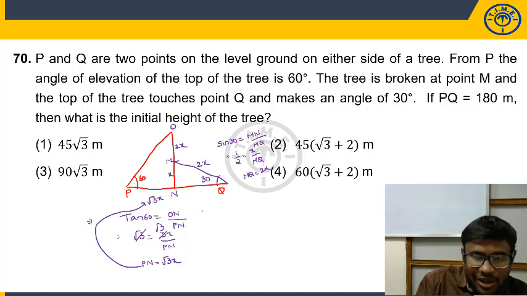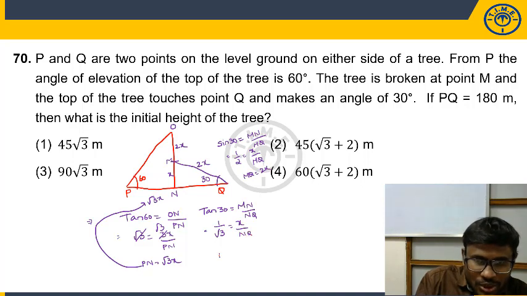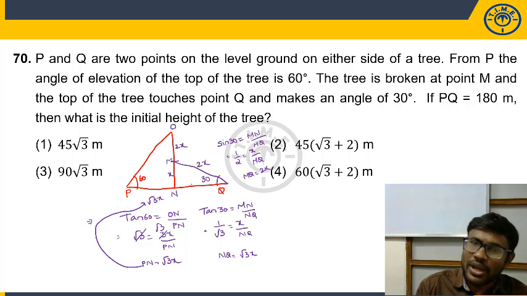Similarly, here also we use tan 30 is equal to MN by NQ. What is tan 30? 1 by root 3 is equal to, what is MN? MN is x by NQ, you should calculate. So NQ is also root 3x. Yes or no? NQ is also root 3x.